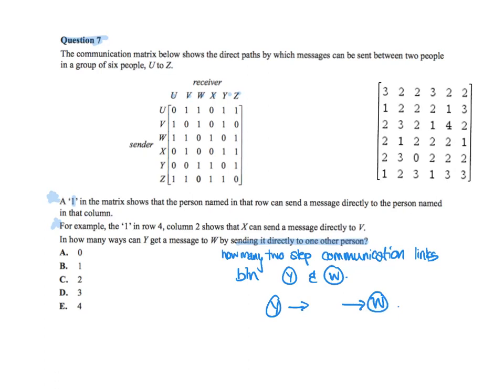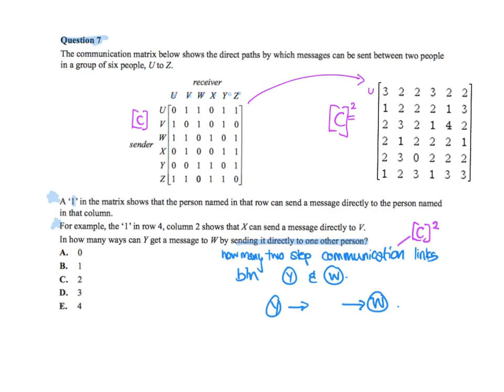So we know when we want two-step communication, we want to take the original communication matrix and square it. This is what the question gave you, and I did it on the calculator, and I've dropped the picture image here. So this is the original, and this is squared.